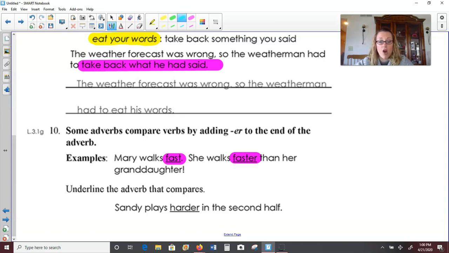Sandy plays harder in the second half. Harder is the adverb telling us how Sandy plays. So remember, adverbs describe the action in the sentence, and in this case, it's comparing how she played probably in the first half to how she is now playing in the second half.